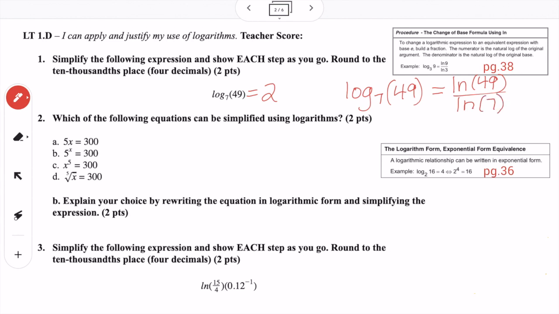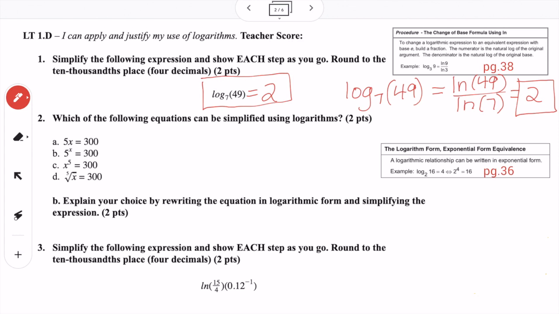That's just another way to type it into the calculator. If you're using a phone calculator or the Google Scientific Calculator, then that's going to be the best way to find your answer there. Either way, same answer. Value of 2.